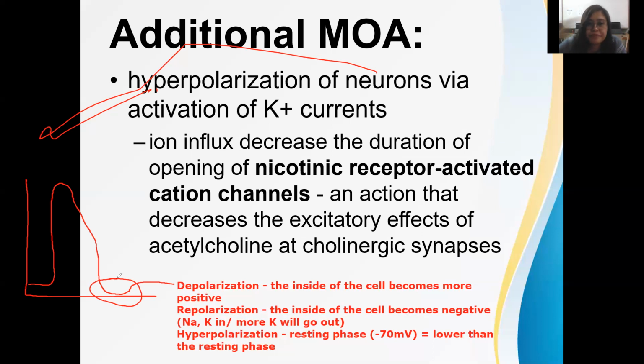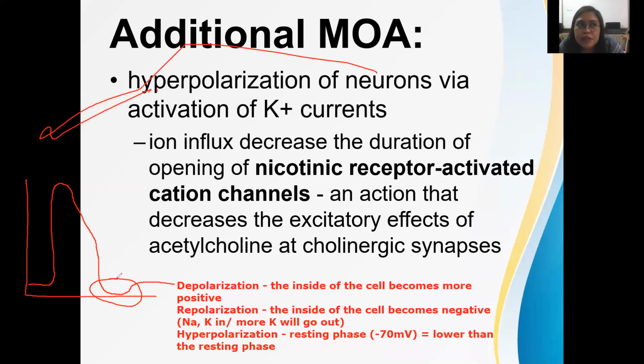So more potassium can go out of the cell, because remember the channels are open and supposedly potassium should be inside the cell. They go out, leading to hyperpolarization. When the cell hyperpolarizes, there will be a slowing down of the activity of the nicotinic receptors that will in turn affect the activity of acetylcholine.